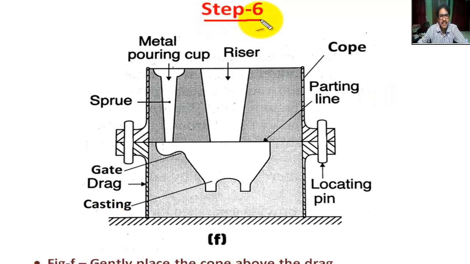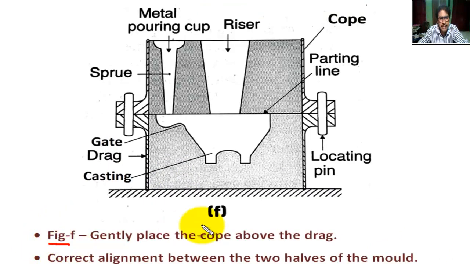Now step 6. The upper portion, cope, is placed on the lower portion, drag. In Figure F, gently place the cope above the drag. Ensure correct alignment between the two halves of the mold.